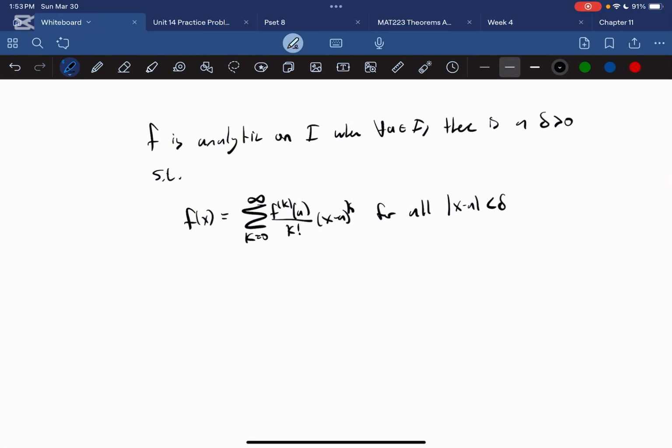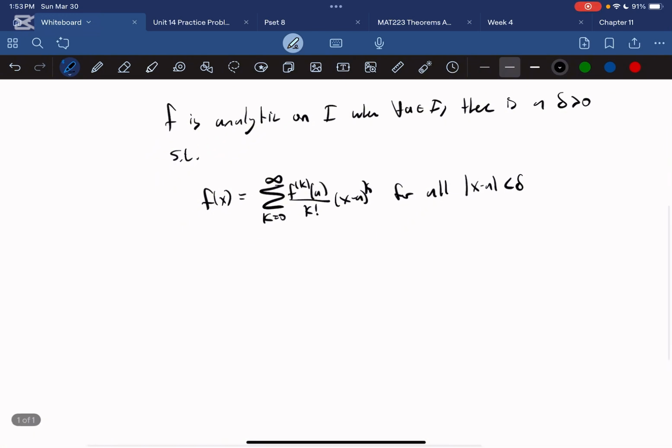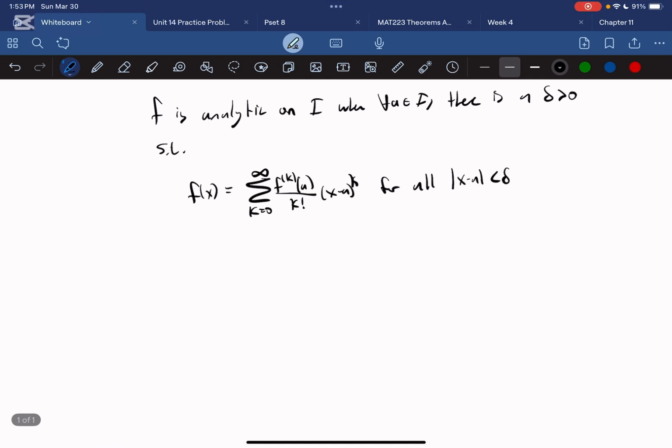And there's another way to check for analytic, and that's with our remainder theorems. If we can see that the limit as n goes to infinity of Rn of x over (x minus a) to the n equals 0, then we've also proven f is analytic.